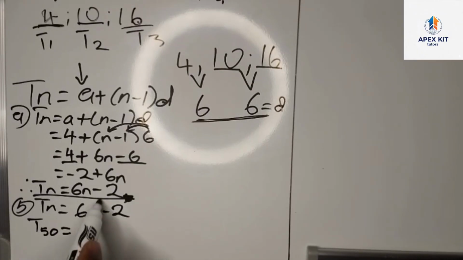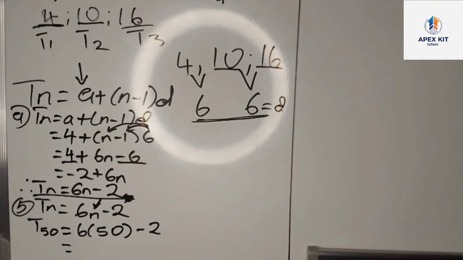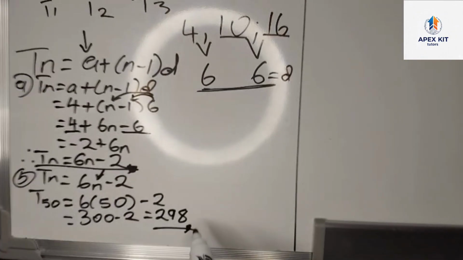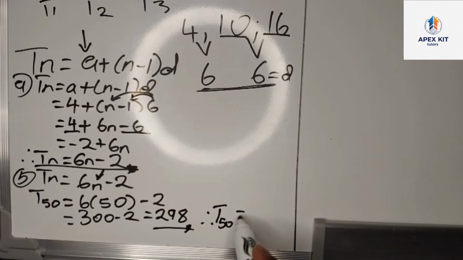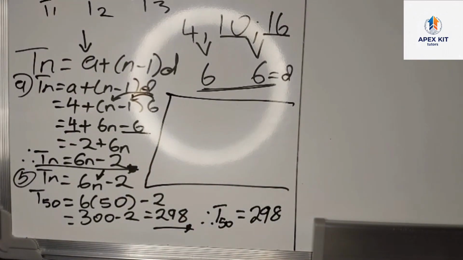In the position of n, we write 50. So 6 times 50 minus 2. 6 multiplied by 50 is 300, minus 2, and the answer we get is 298. Therefore T50 is equal to 298.